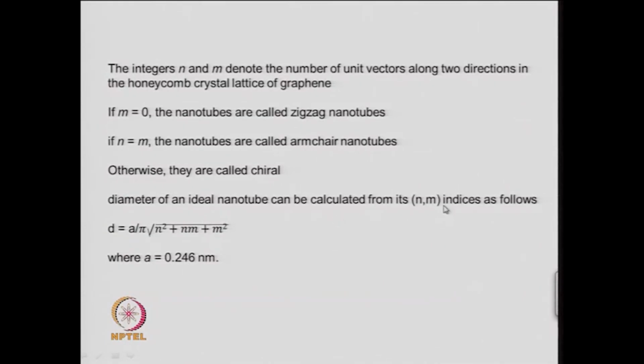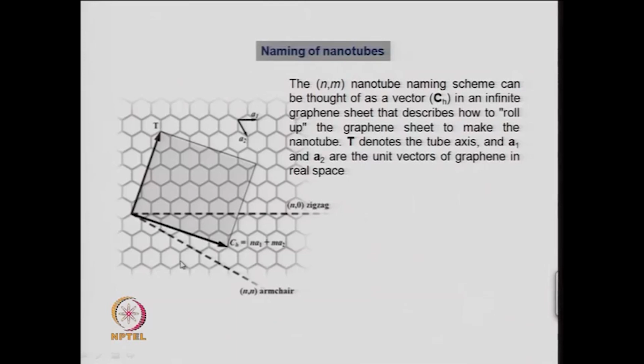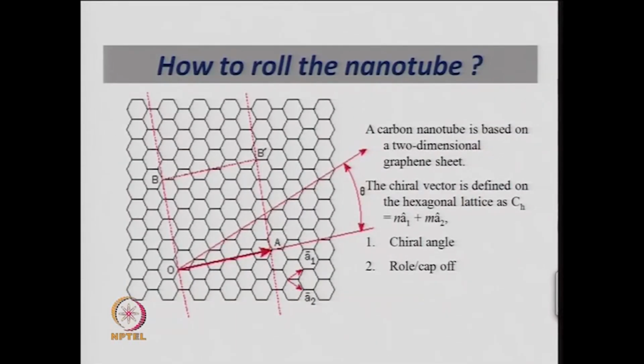The diameter of an ideal nanotube can be calculated using n, m and a, where a is this value 0.246 nanometer, and actually it comes from this distance. So, it is the distance between this carbon and this carbon, the carbons which are at 1 and 3 positions.